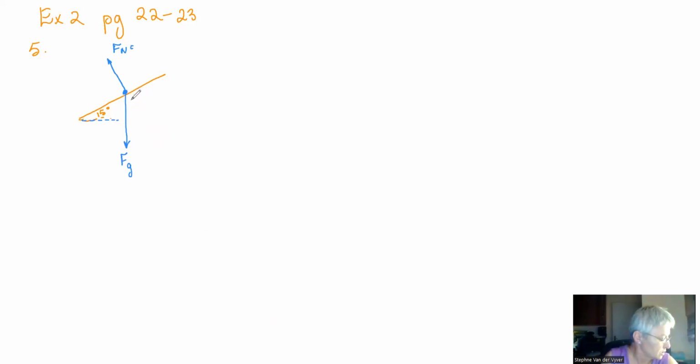The next force would be the frictional force. Now, this object is at rest, but it will tend to want to move down the incline. So the frictional force will be in this direction here, and it will be a static friction.